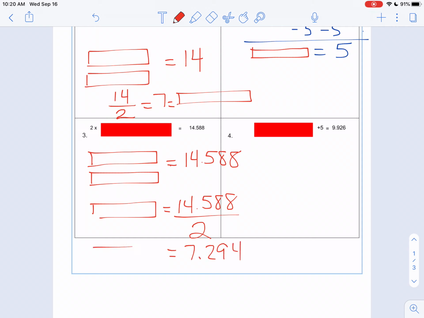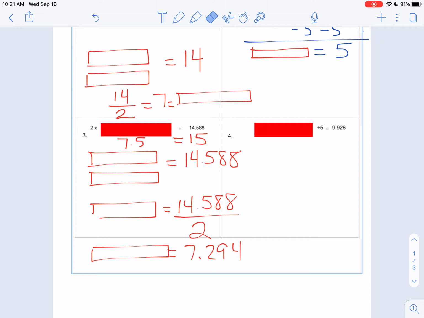but it's now 7.294. And with number 3, I think you can see that it would be really inefficient to have to guess numbers close to 7. So you probably would start with 7, knowing 2 times 7 is 14, and maybe you would do 7.5, and 2 times 7.5 is 15. So you're getting closer, and you know you need to go a bit lower.